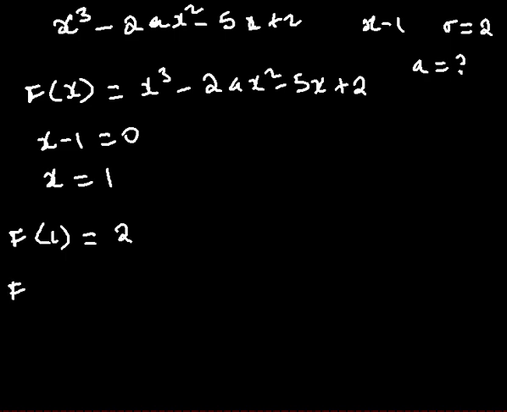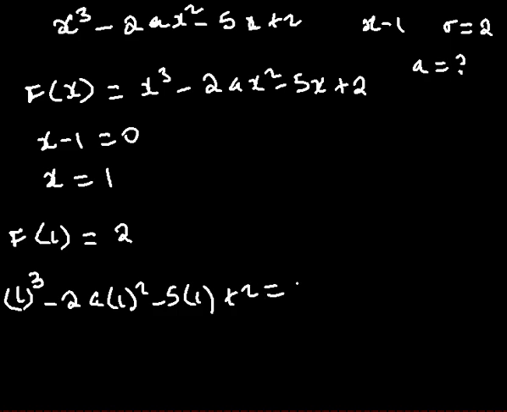Then what is f of 1? f of 1 is now given as 1 to the power 3 minus 2a times 1 to the power 2 minus 5 times 1 plus 2, which is the same as 2. Then from here we have 1 minus 2a minus 5 plus 2, that is equal to 2.